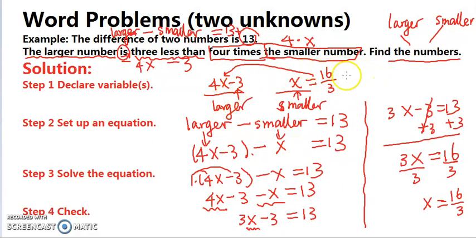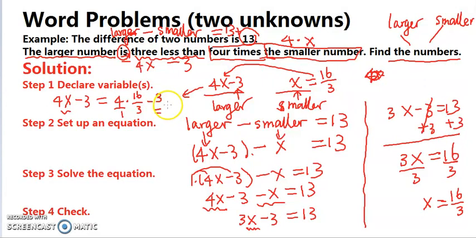So 4x minus 3 equals 4 times 16 over 3, because that's what x is, minus 3. We first do multiplication, multiplying straight across the top.